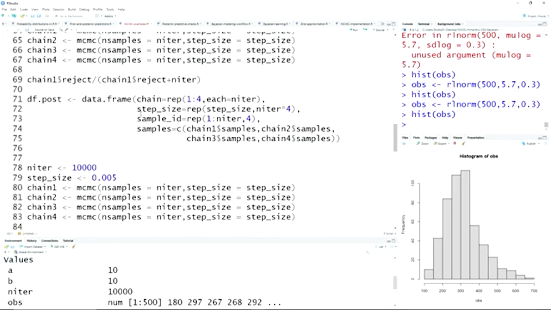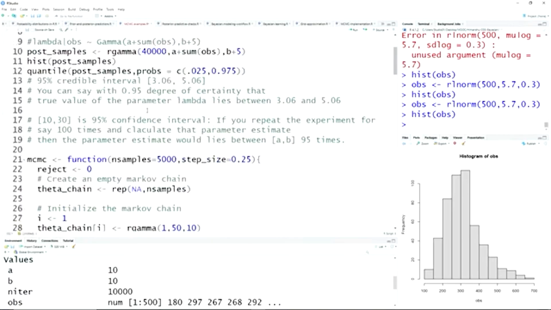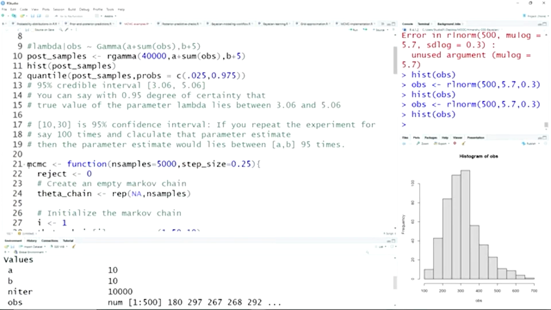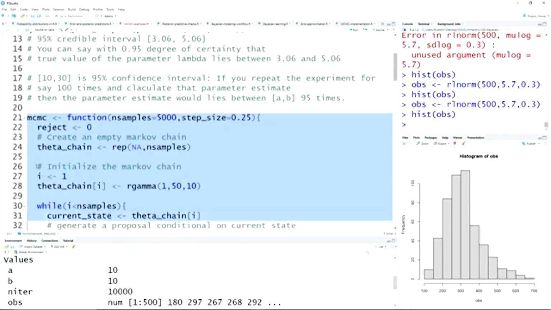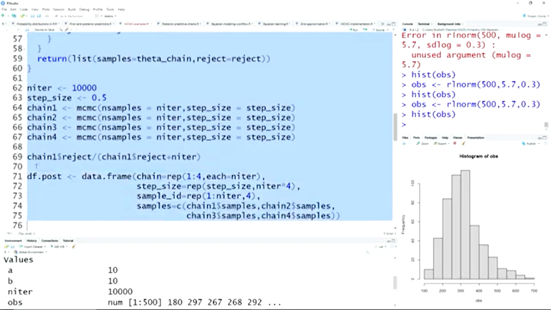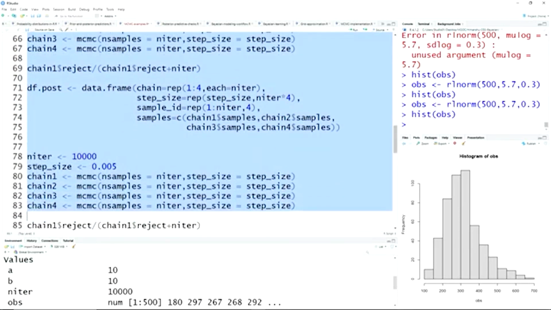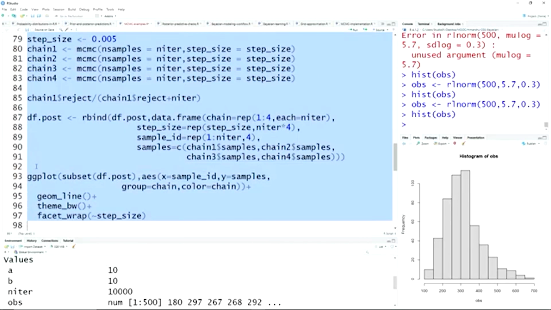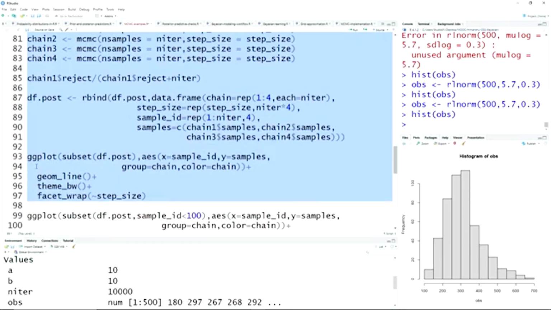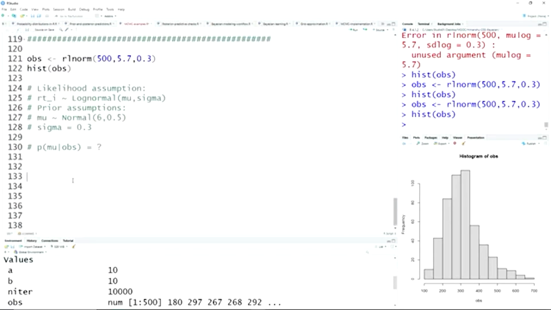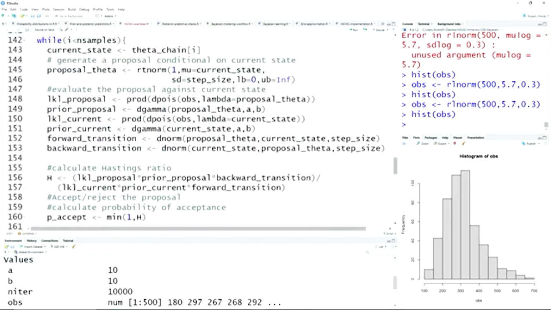So let us implement MCMC algorithm. So I will just copy paste the MCMC function, okay, and we will try to use it directly here. All right, so now we are all set.